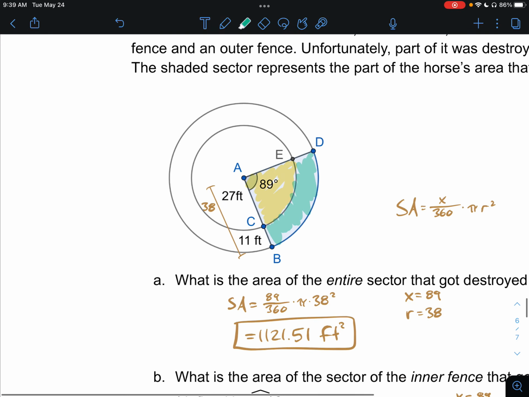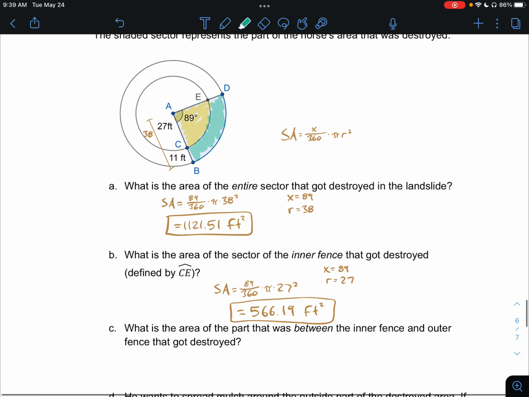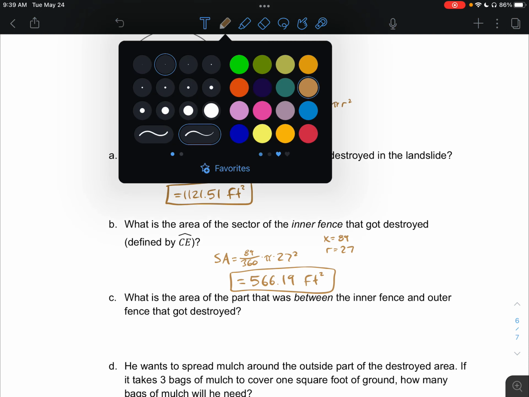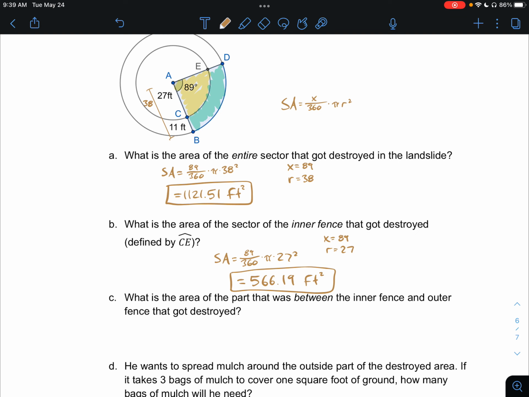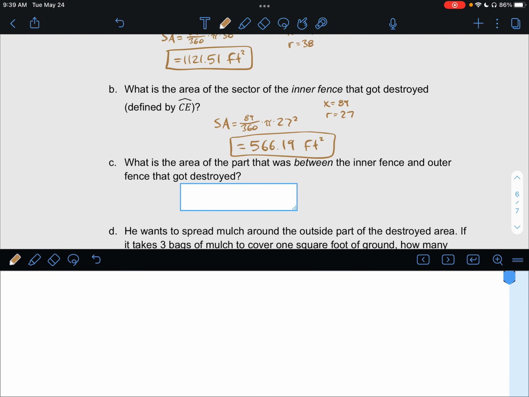So I already know that the whole area is that 1,121 and that yellow area is 566. So that green area is just going to be everything that's left over. So that's exactly what I'm going to do here. I don't have to do any sector area formulas for this.